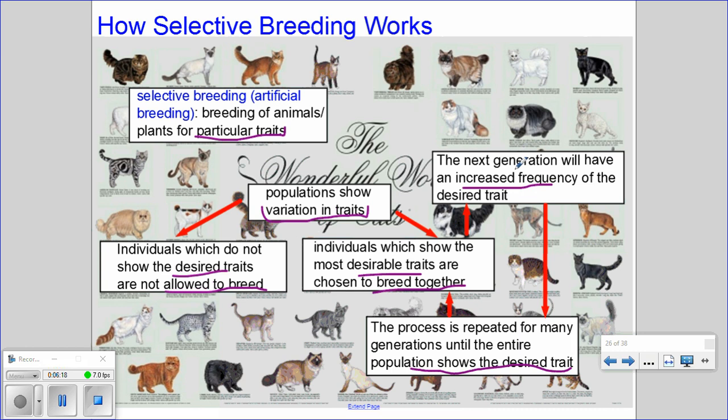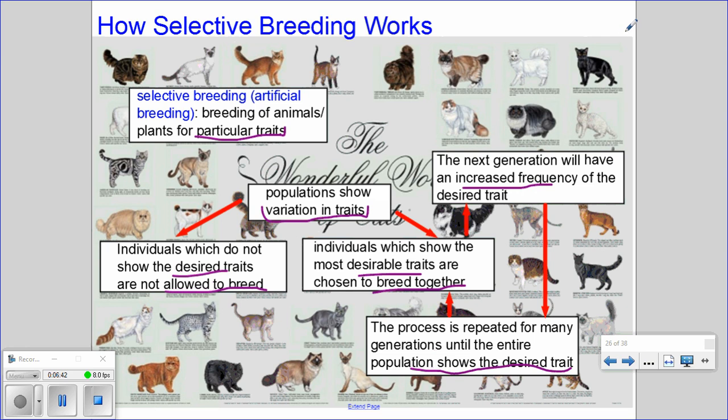So you just cycle back here, in which the individuals showing the most desired traits are bred, and the next generation is then selected for with those desirable traits and continues to be allowed to breed. Over time, the population will eventually show that desired trait.